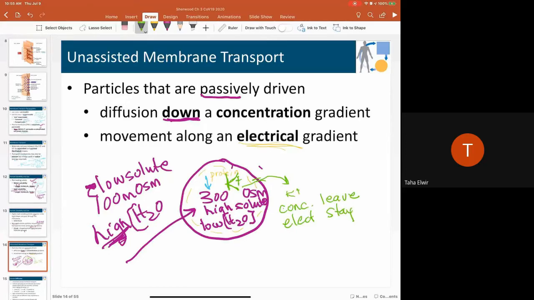So how much potassium gets out is determined by how permeable it is, and also what the electrical charge is. Potassium is fighting its concentration gradient with its electrical gradient. They don't work together, they work against each other.